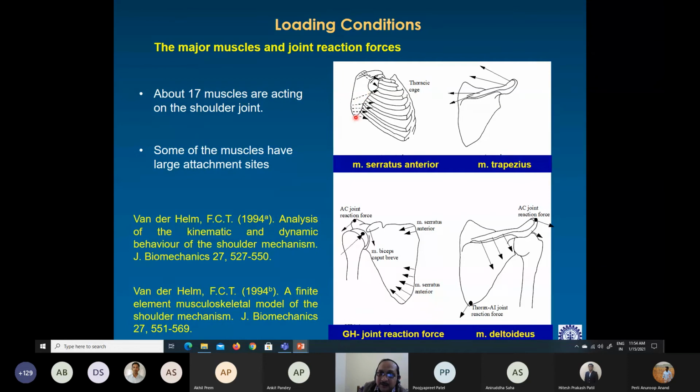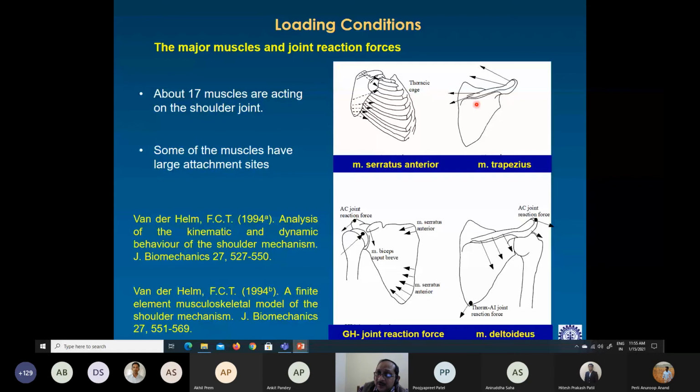The muscle serratus anterior is attached on the medial border of the scapula, and as I was telling you, we represented its action in the form of 6 lines of force. This is very clearly exhibited because you can see it cannot be adequately represented by 1 line of force, because the action is quite convergent divergent type.